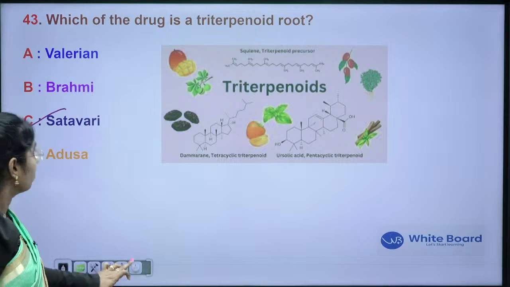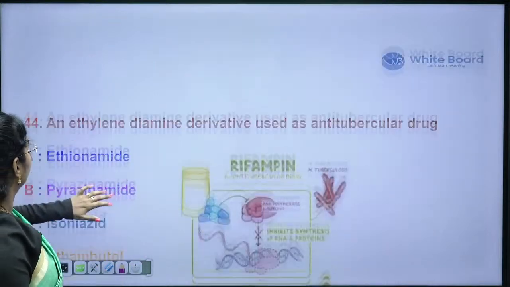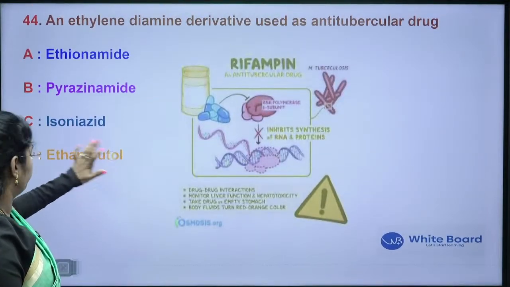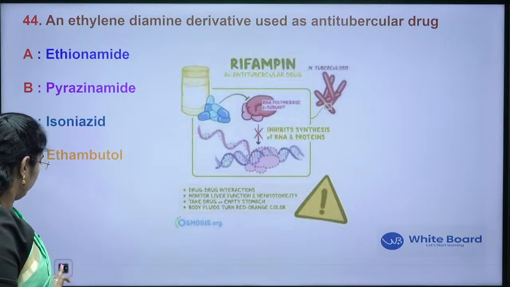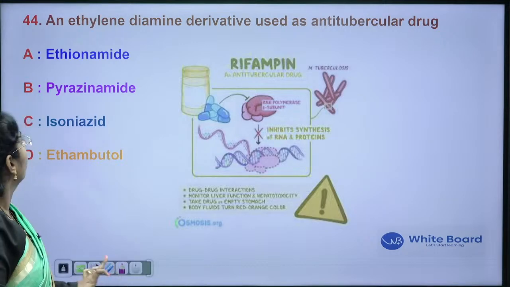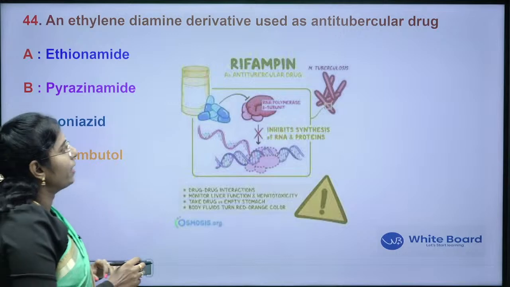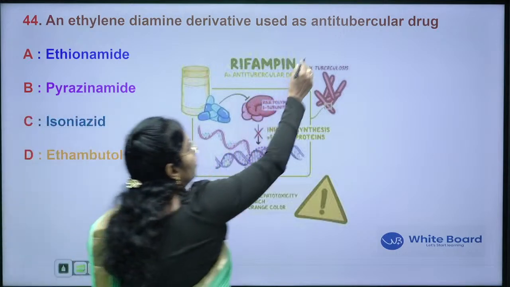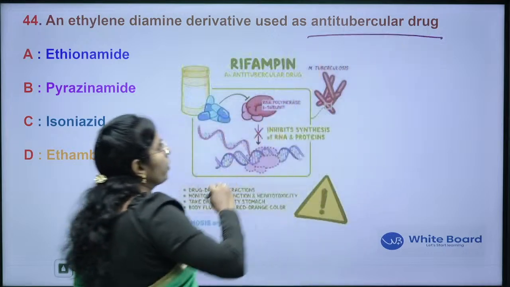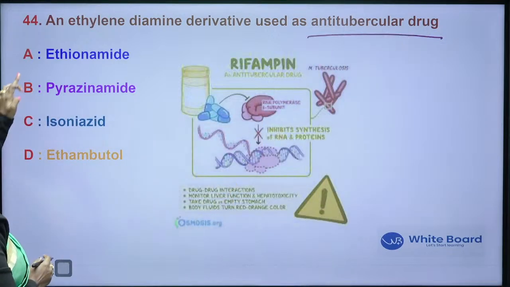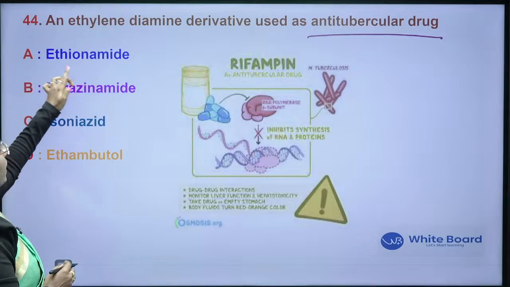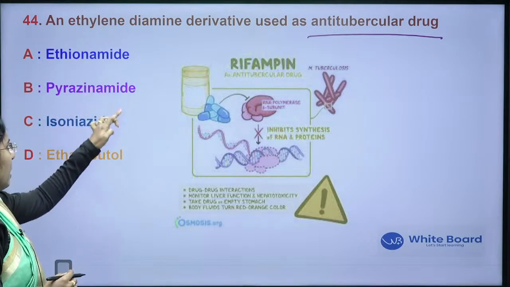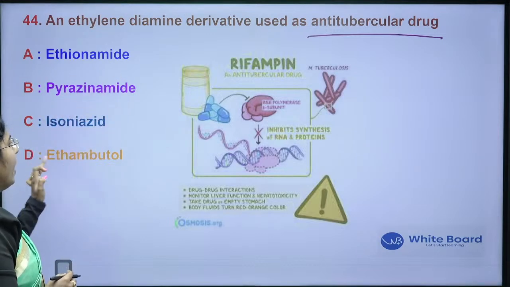Next, the 44th question. An ethylene diamine derivative used as an anti-tubercular drug. Here they have given 4 options: ethionamide, pyrazinamide, isoniazid and ethambutol.